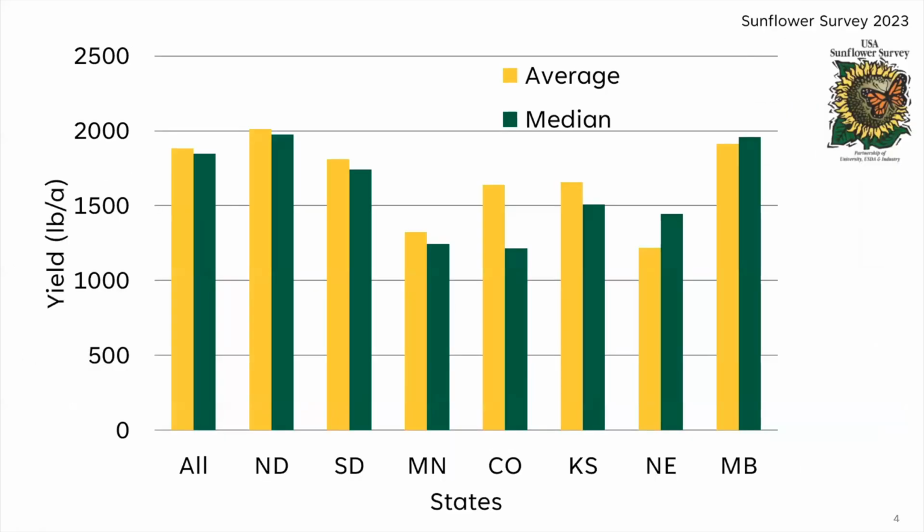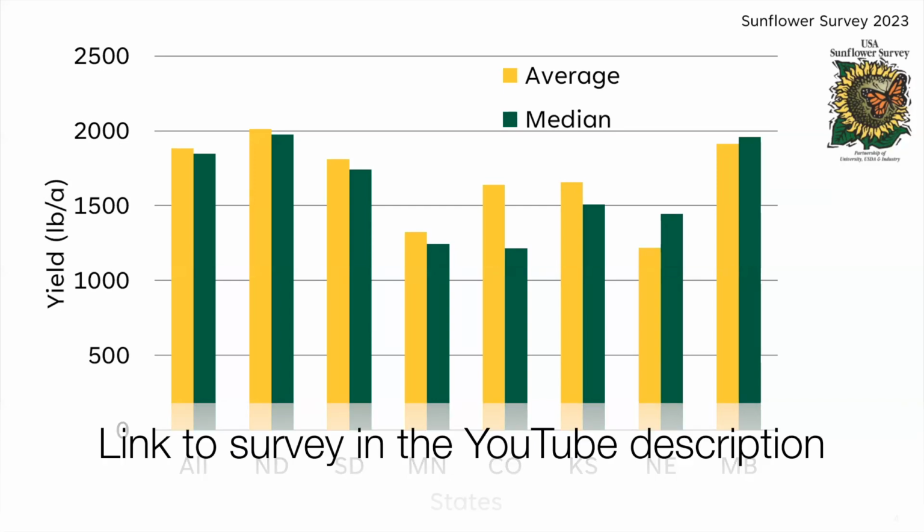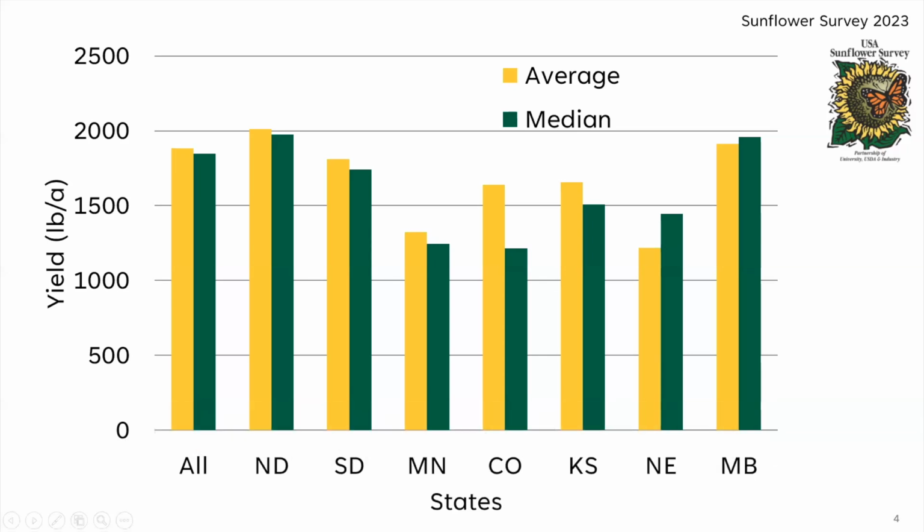Also from the sunflower survey, the latest one was in 2023, so it's not from last year, but this can give you an idea of the yield ranges across different states. Here you can see that it says average and median. This is how it was reported in the survey.